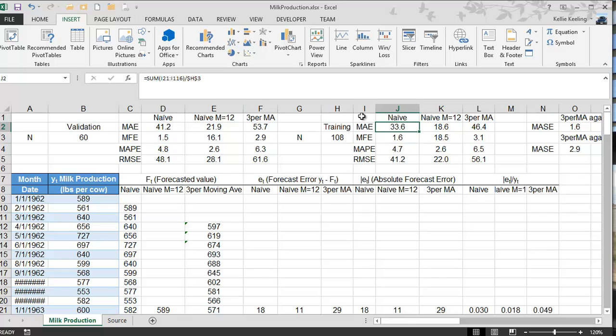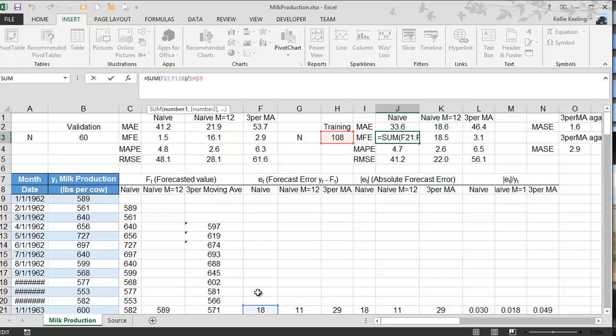My mean absolute error is just taking the absolute error and dividing it by the total number. My mean forecast error is going to take the forecast error itself and divide by the total, and it's not using the absolute.